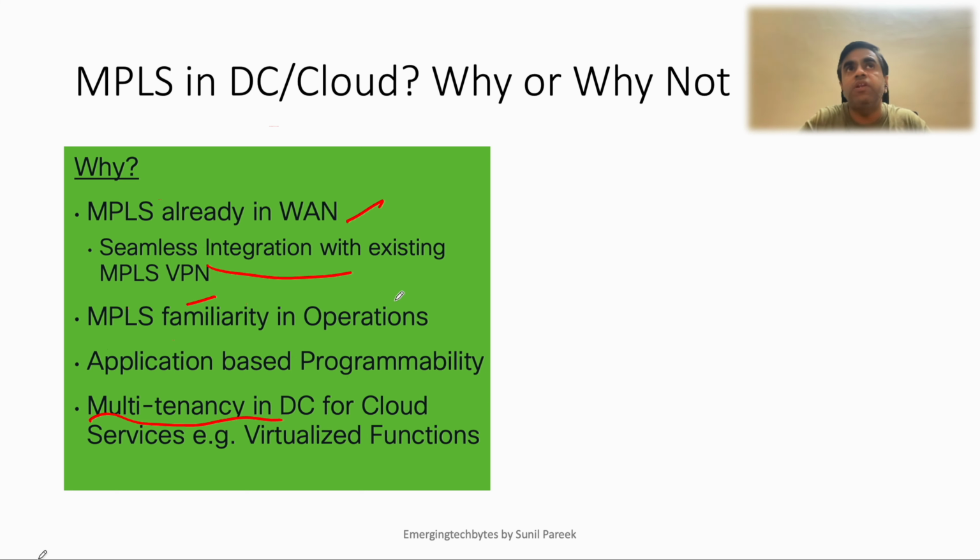It was initially seen that having MPLS in the data center can provide a seamless integration there also. But then when data center operators actually started evaluating it, there were some factors which were against it also.